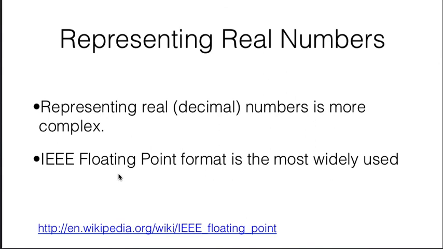So if you wanted to represent pi to very many decimal places, you'd use IEEE floating point. And it can be used for arbitrarily small and large numbers. It's very closely related to scientific notation that you might have done in school in maths or in physics.